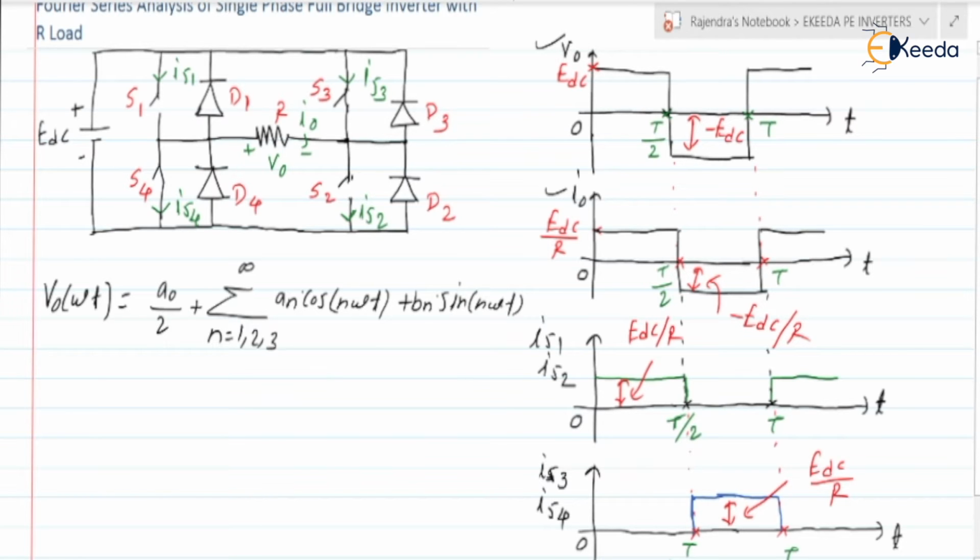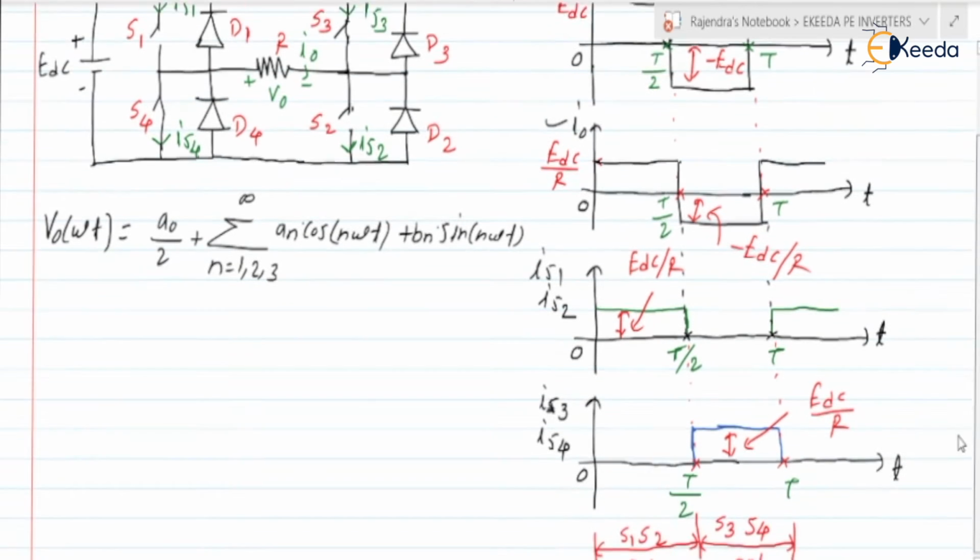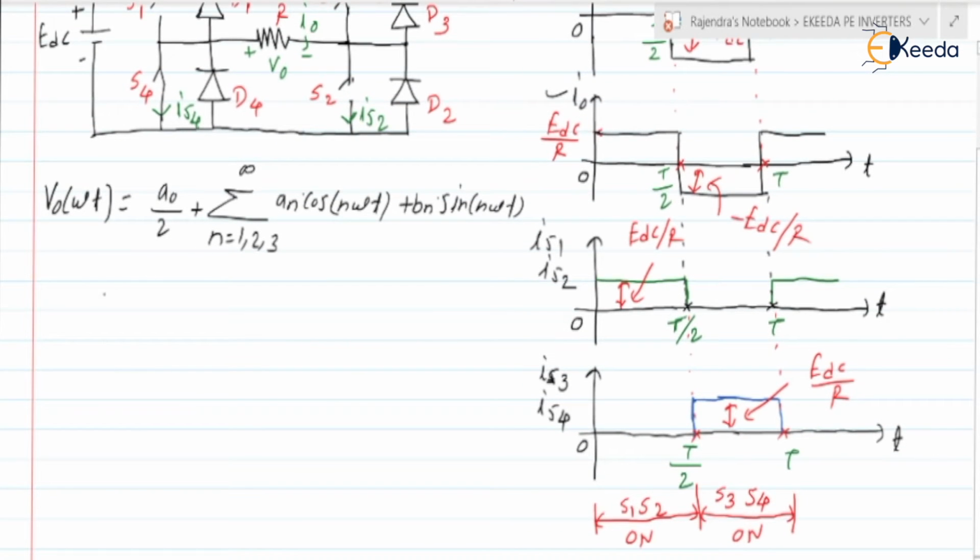Here a0 by 2 is the average value of V0 of omega t.